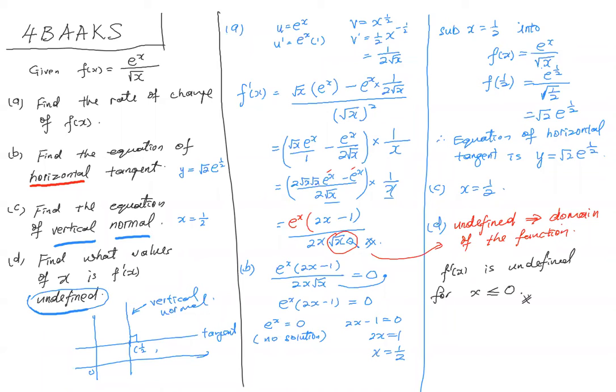You get me? Done. When you see the word undefined, you think of the domain for the function. Not part of the domain means it is undefined for that value of x. Can or not?